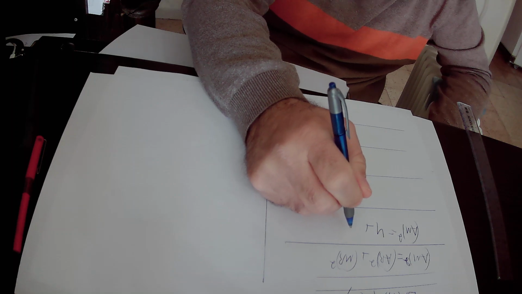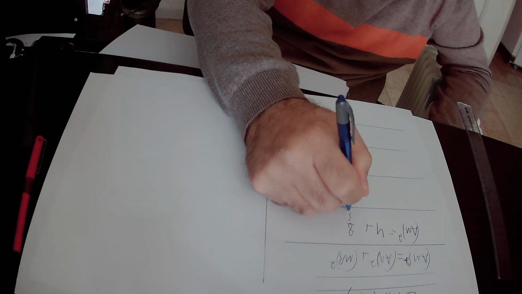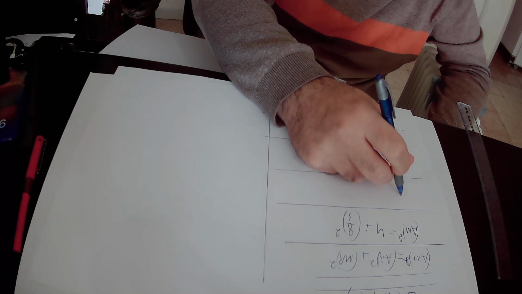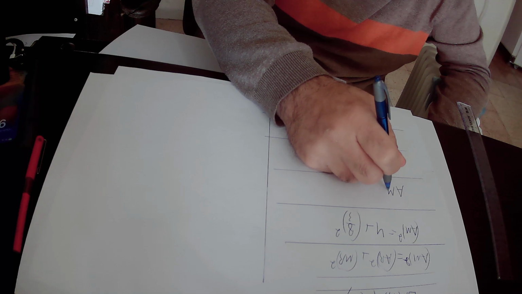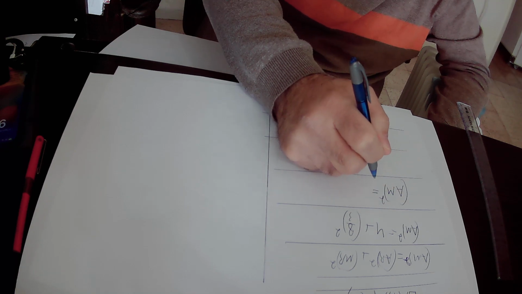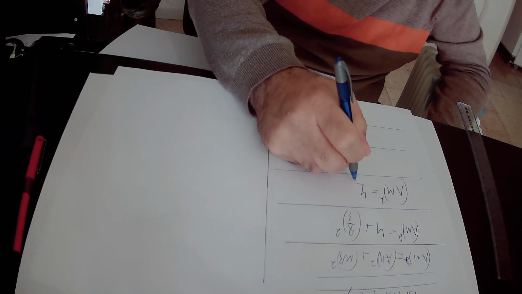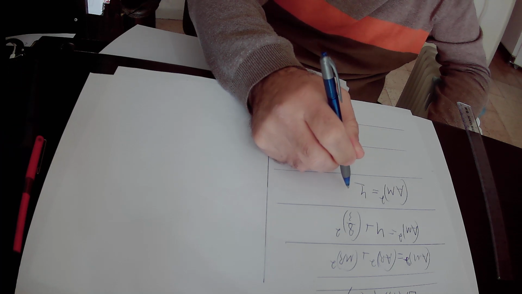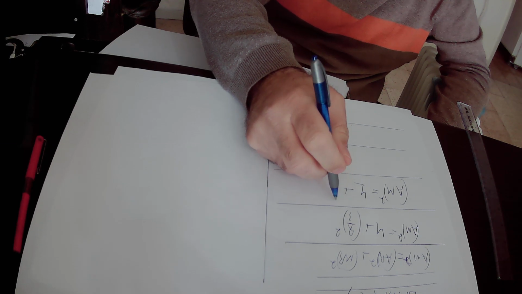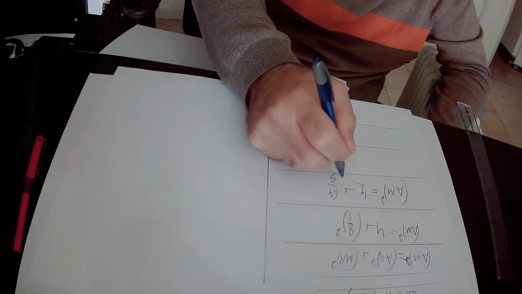We just found out that MB equals 8 over 3, therefore MB squared equals 8 over 3 squared. So AM squared equals 4 plus 8 over 3 squared. 8 over 3 squared equals 8 squared, that is 64, over 3 squared, that is 9.